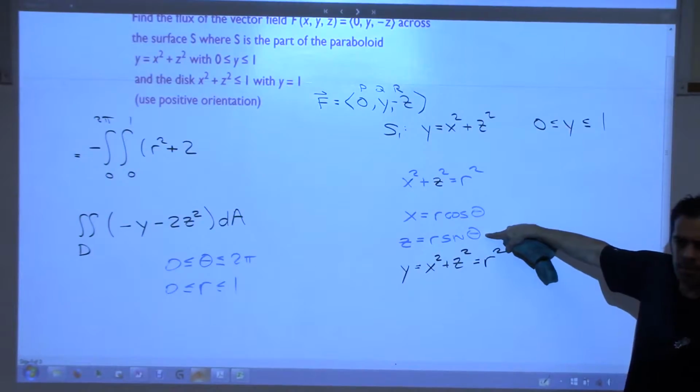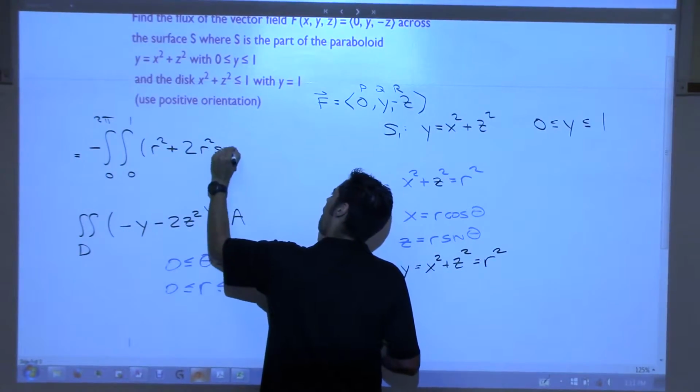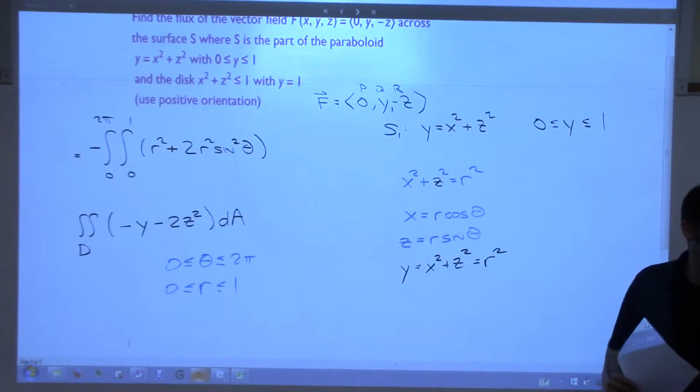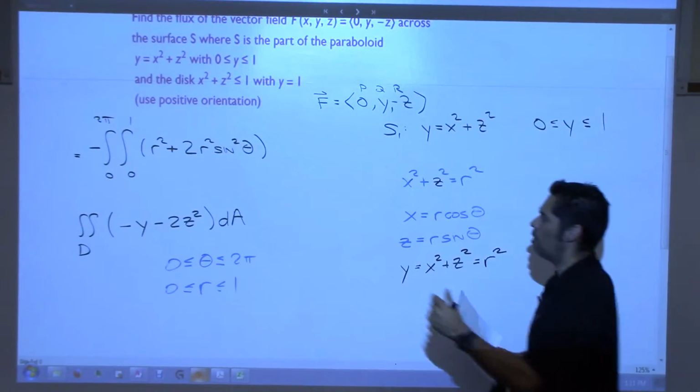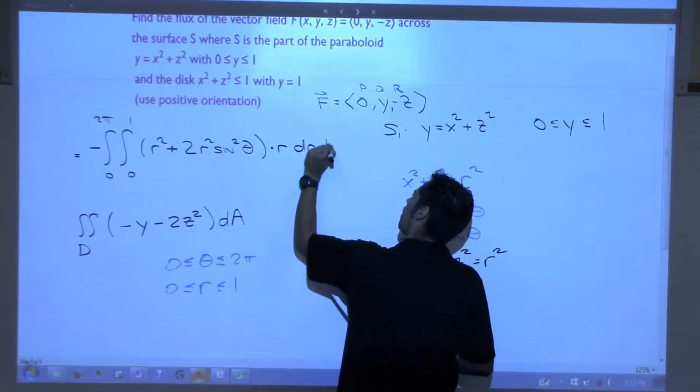Well, it's this squared, right? So r squared sine squared theta. And then r, right? We have to have r, because we went polar, dr d theta.